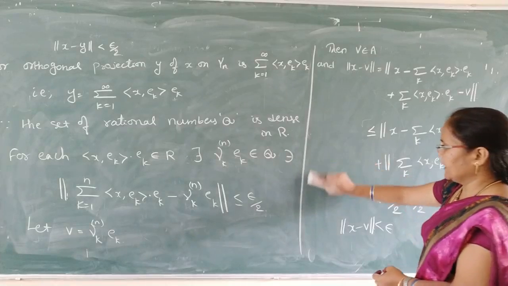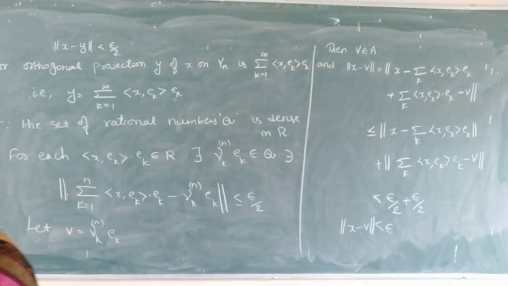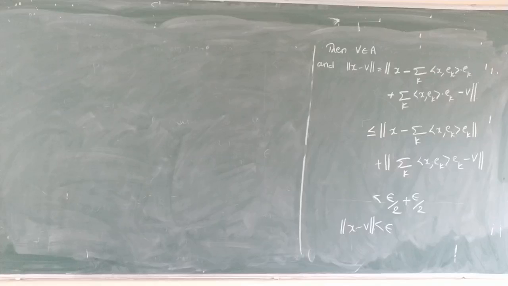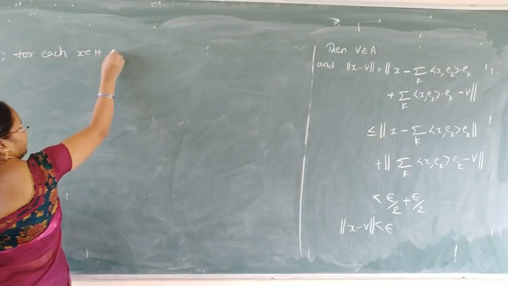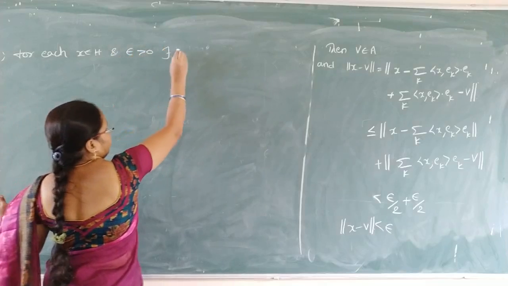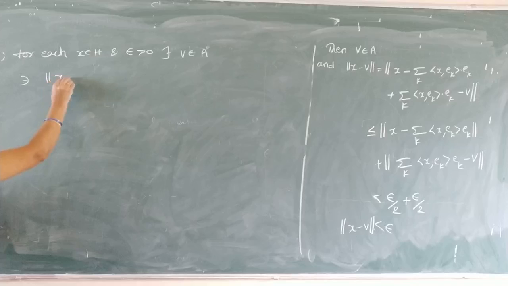Then A is dense in H, which means H is separable. Now we write the conclusion. That is, for each x belongs to H and epsilon greater than 0, there exists B belongs to A such that norm of x minus B is less than epsilon.